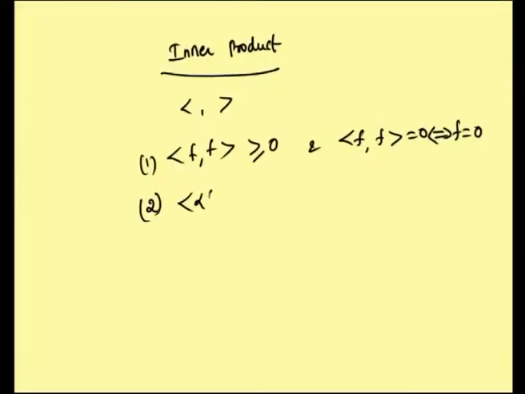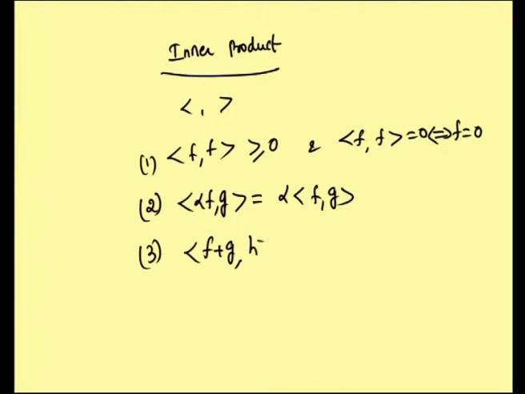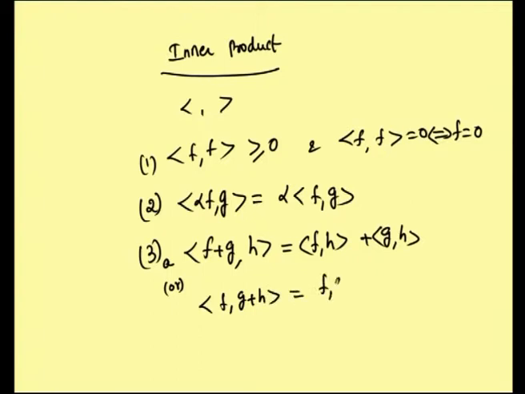And then alpha f comma g is equal to alpha into f comma g. And third is triangle inequality, f plus g comma h is equal to f comma h plus g comma h. Also this particular part has another alternative, that is f comma g plus h can also be written as f comma g plus f comma h.